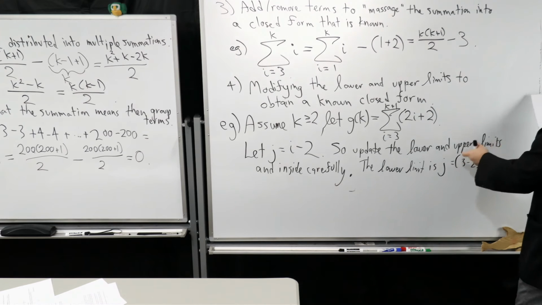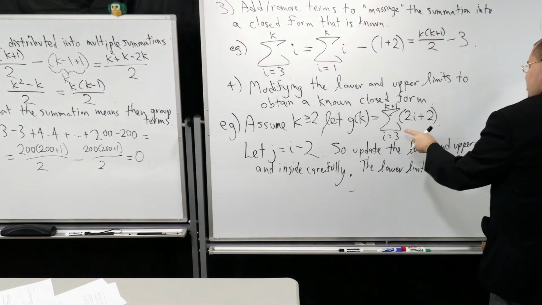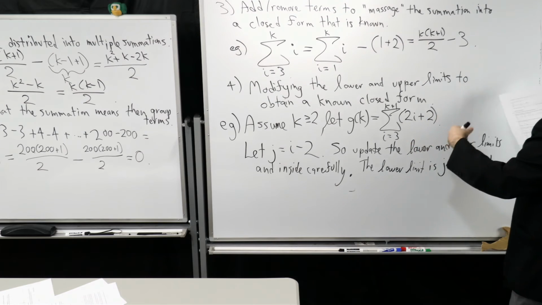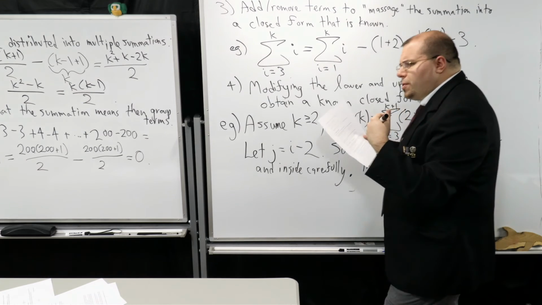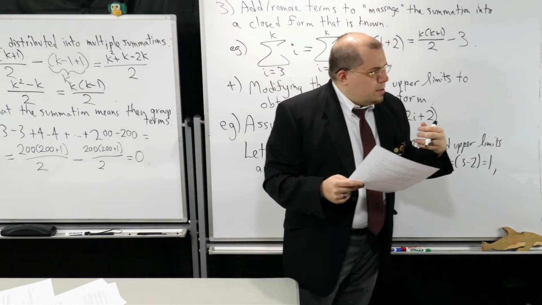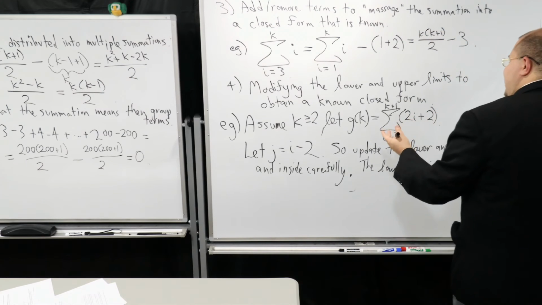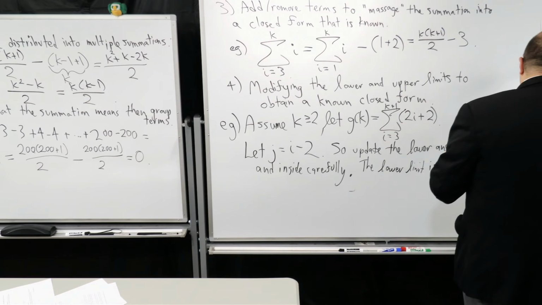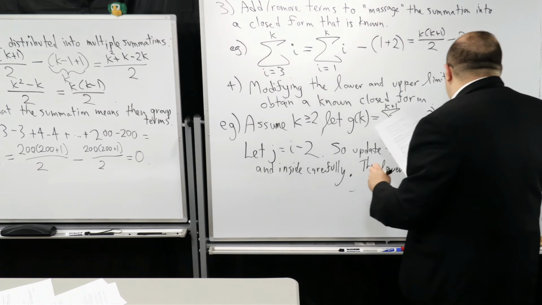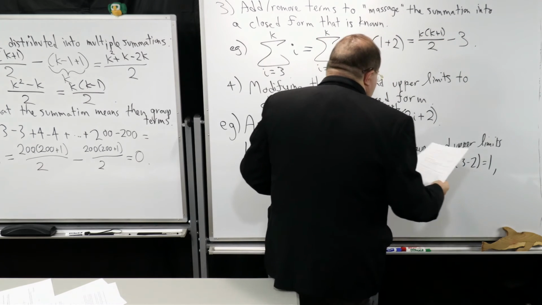By knocking everything down by 2, I have to do that everywhere. But when I bump things down, it actually causes another effect inside the sum. So let me take a look at that. So j is equal to 1 there.